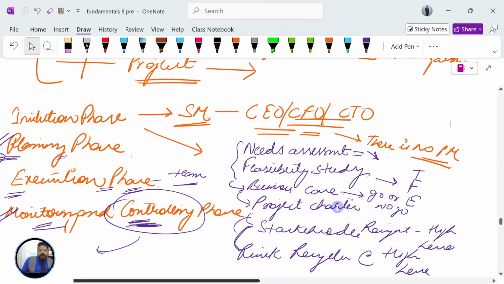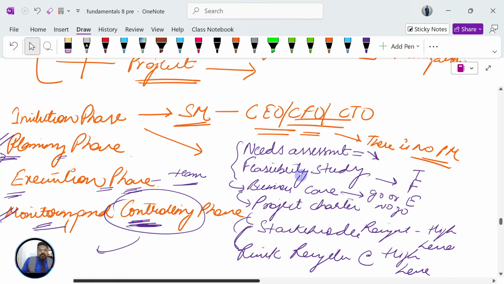In that case, you drop the project right there, at the initiation phase business case. There are quite a few projects wherein you leave the project after due diligence that it is not worth going ahead, because you put a lot of resources, time, and money in planning, execution, monitoring and controlling, and closure.